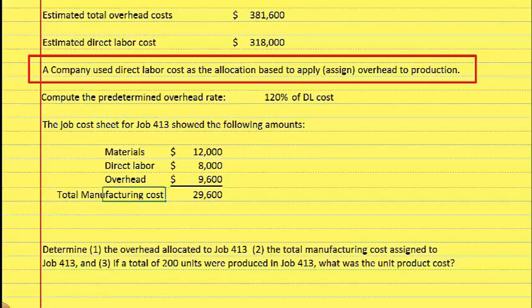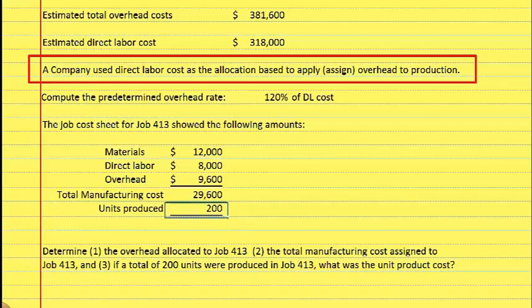And number 3, if 200 units are produced in job 413, the cost per unit is going to be, let me put a $ sign right there and get rid of those decimals.